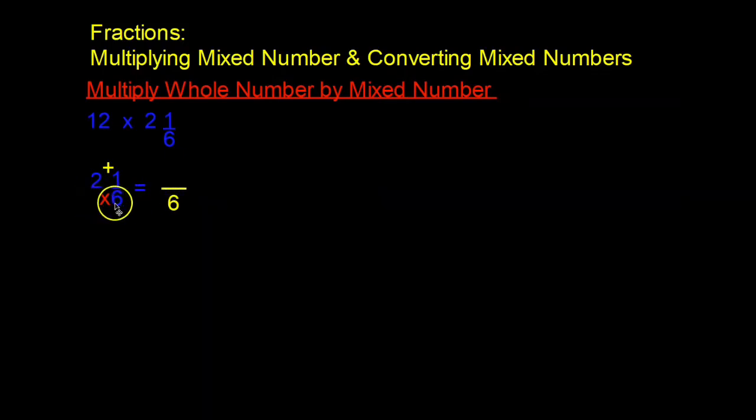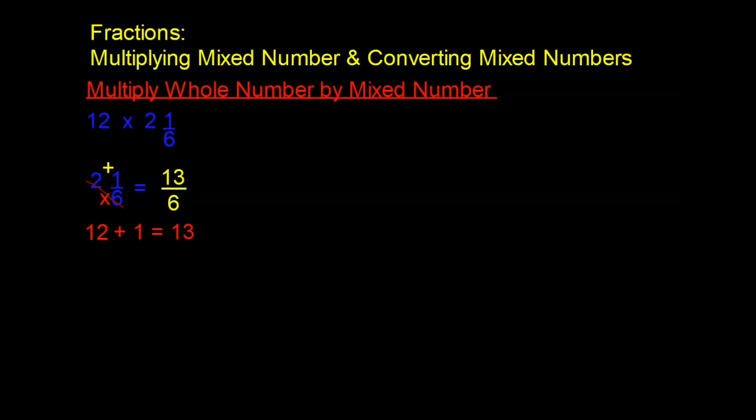Then we multiply 6 times 2, and that is going to give us 12. We're going to cross out the 6 times 2. That's taken care of. And we're going to add 1 to this 12. 12 plus 1 gives us 13. So 13 is our numerator.